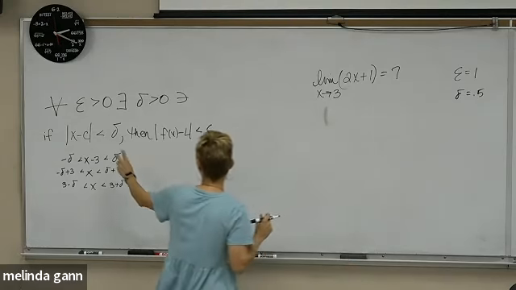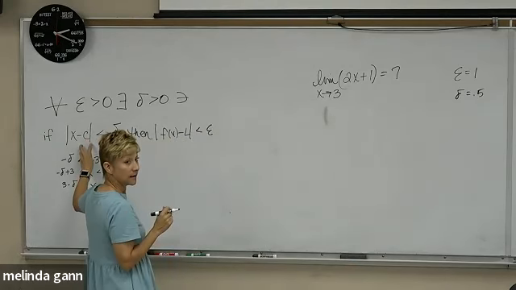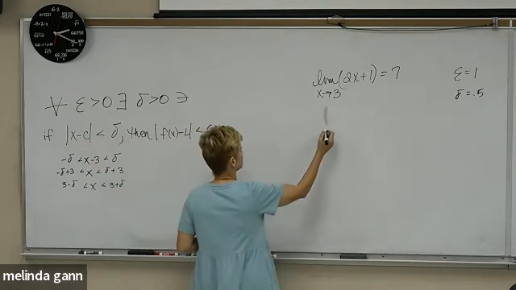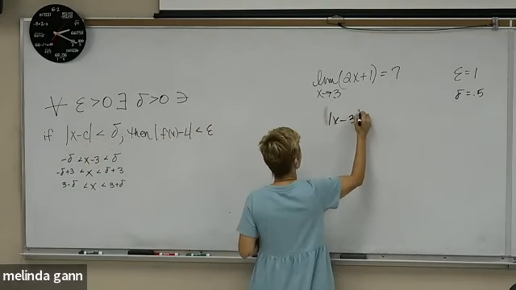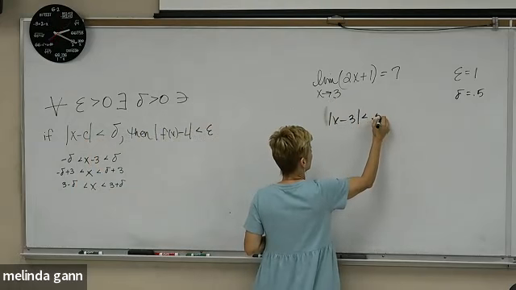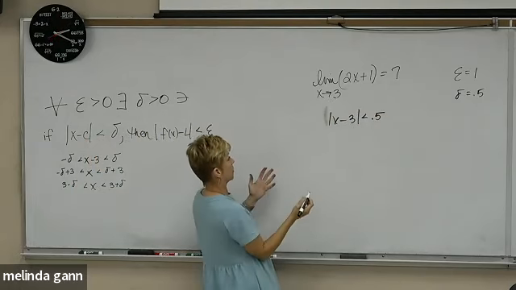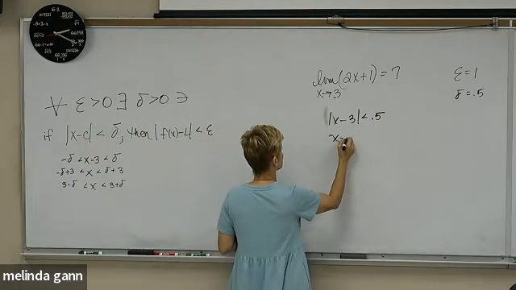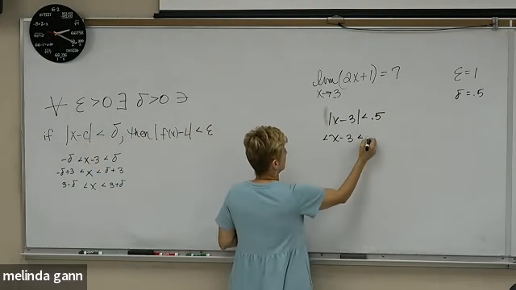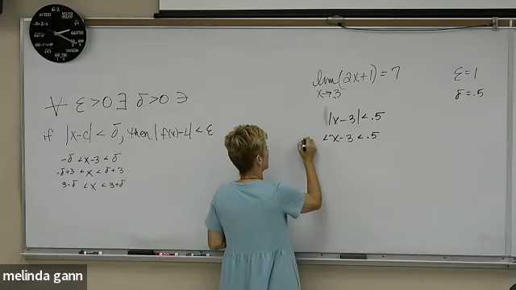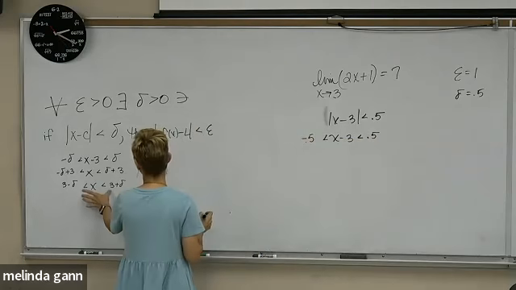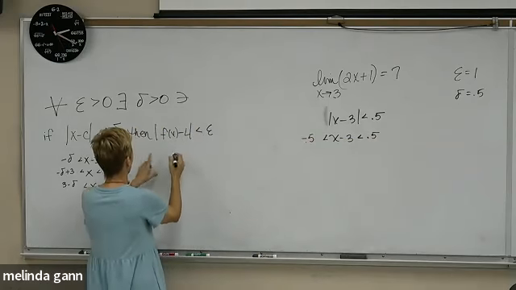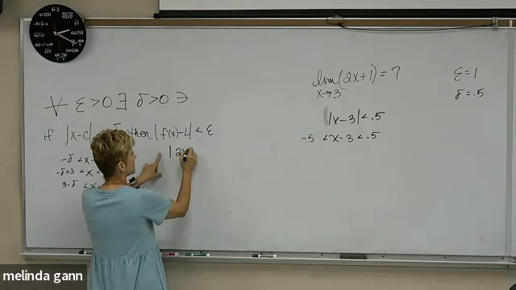And I'm going to start with this: x minus 3 is less than 0.5. So what does that mean? Well, that means that x minus 3 is going to be between negative 0.5 and 0.5. Everybody with me? I can start building from this, but I know that I want to end up with this.